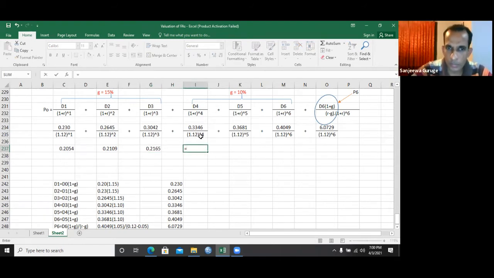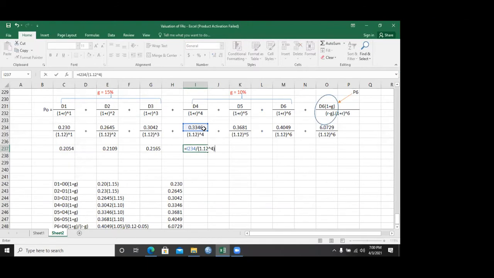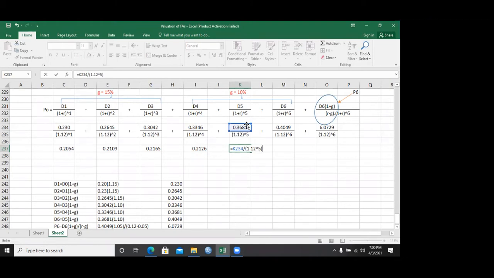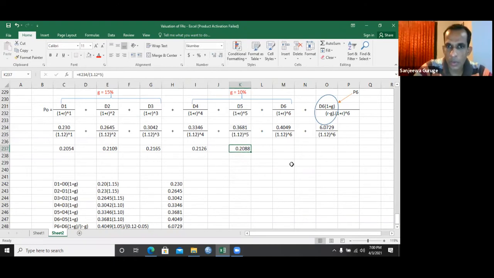And D4, when you discount at 12%, what is D4? 2126. Right? And D5 discounted at 12% for 5 years is 2089.